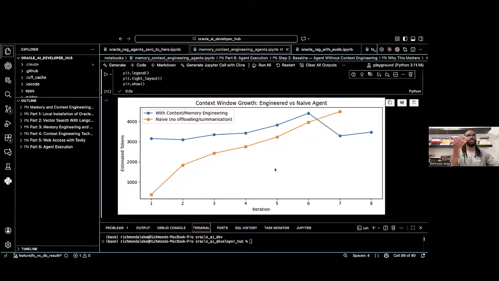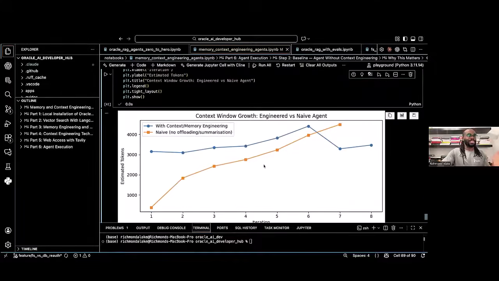Eventually, the performance will start to degrade. You're going to start to see things like context rot, context bloat, lost in the middle, all those keywords that are not nice words we're going to be hearing. This is where memory engineering and context engineering can save you all of the pain you have when you get to production.